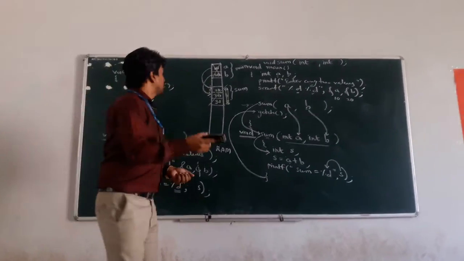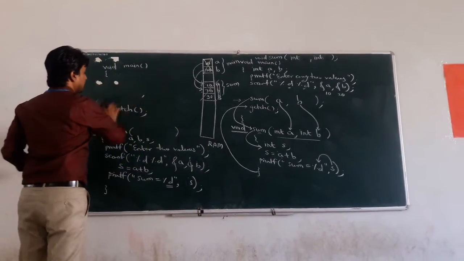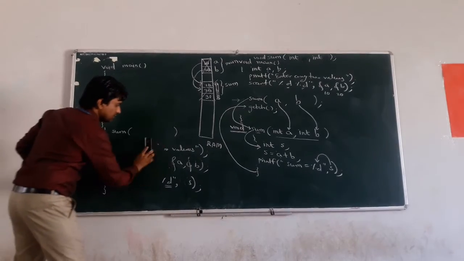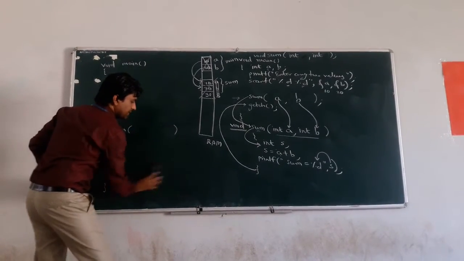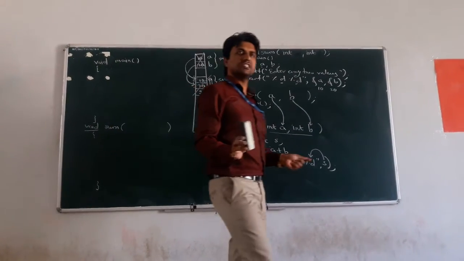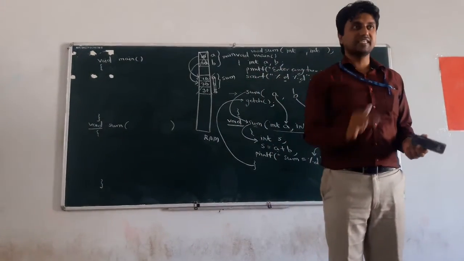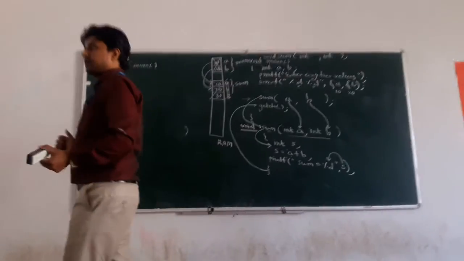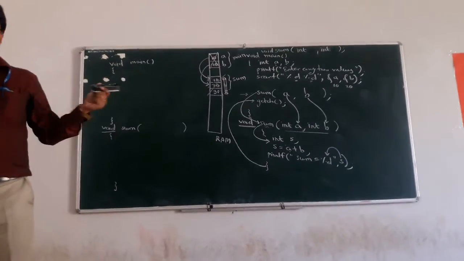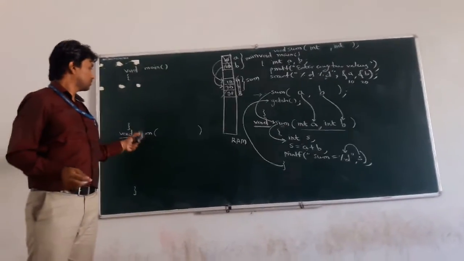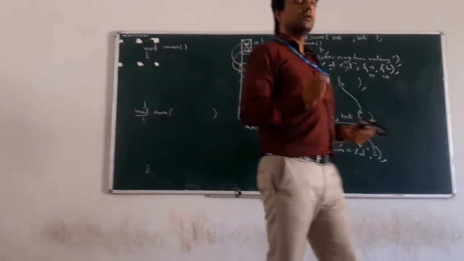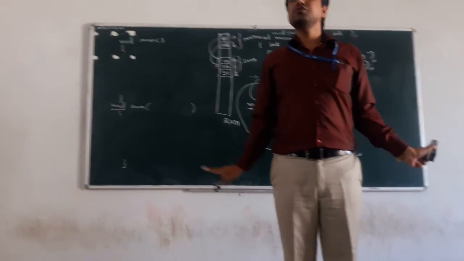Okay. Now the third discussion, between main and sum. You can write here: what is the discussion between main and sum? These are two functions, that is, two persons actually, and they communicate with each other. Now, main told the sum function: what is your duty? I do not provide any values to the sum function.